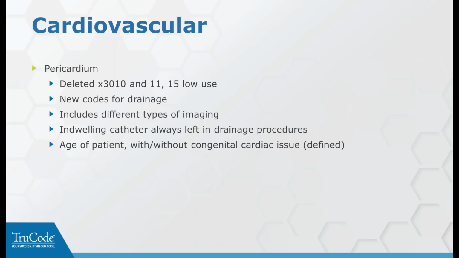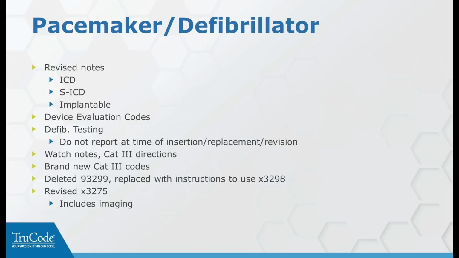So that could be many years after birth. And again, just watch the ages there, watch to see what else they did. If they also did a CT guidance, again, there may be a different code. So watch those carefully.